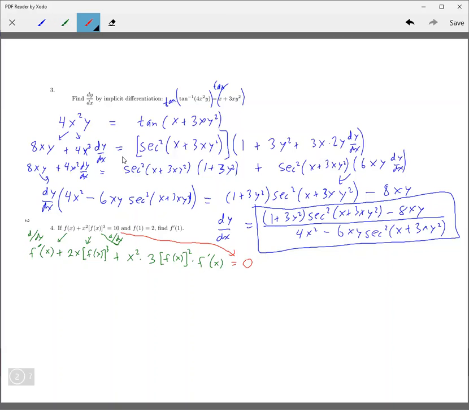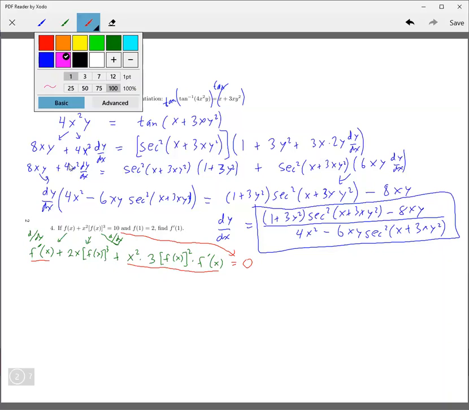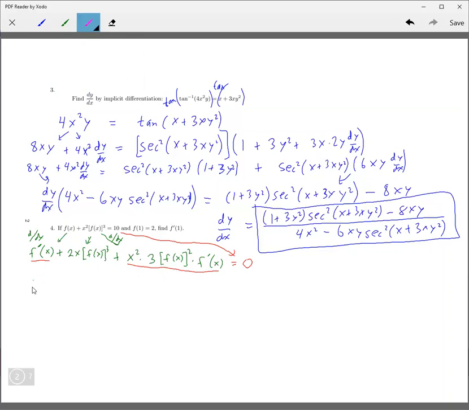Okay, now, so we're supposed to find f prime of 1. Now we could group these together. So we could group this term and this term together, and then take this to the other side of the equation, and then factor out an f prime, and then divide by that. Okay, we could do that, but it might be easier just to go ahead and plug in x equal to 1.